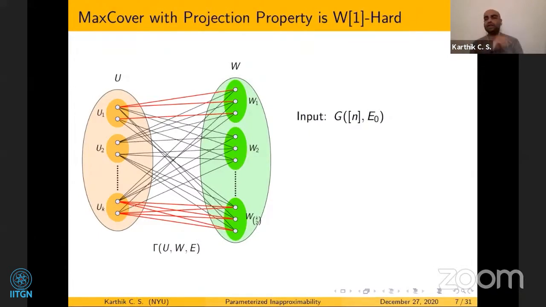Take your standard k-Clique problem. You're given a graph G on n vertices and edge set E0. As yesterday, we're going to create a MaxCover instance where the W's are all the possible k choose 2 edges of your k-Clique, and on the left all possible k vertices of your k-Clique.